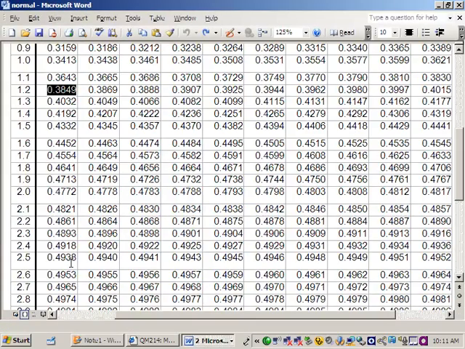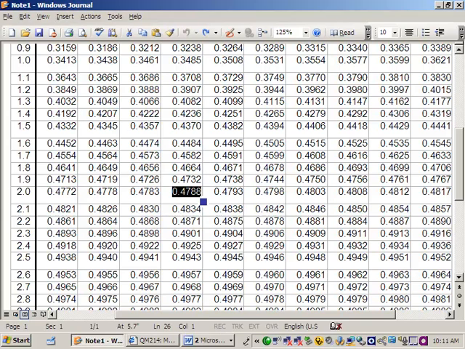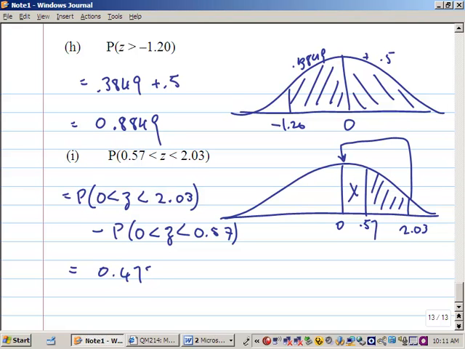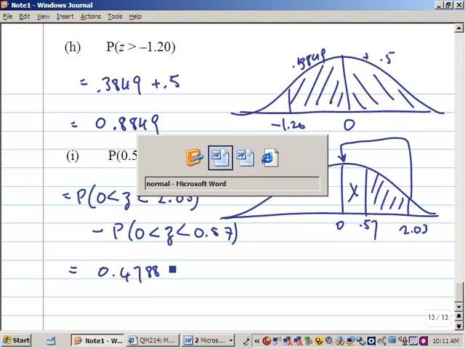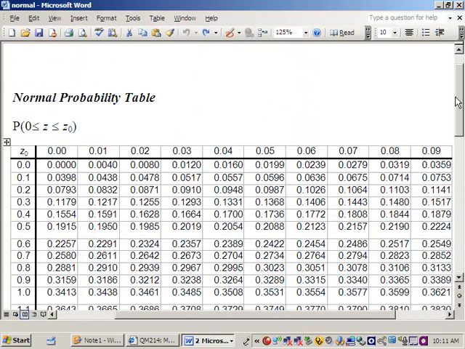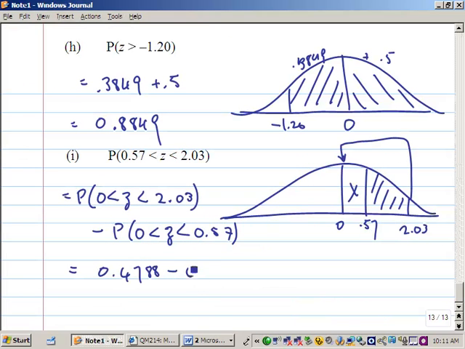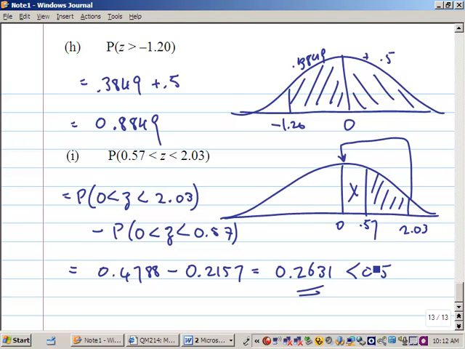First one was 2.03: 2.00, 1, 2, 3. It's 0.4788, minus, and then 0 to 0.57. 0.57 is here, 0.2157. And by my calculations, this is 0.2631. Make sure that if you've got an area that's only on one side of the distribution, the answer has got to be less than a half.